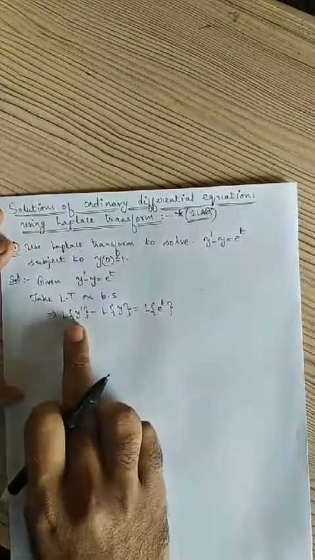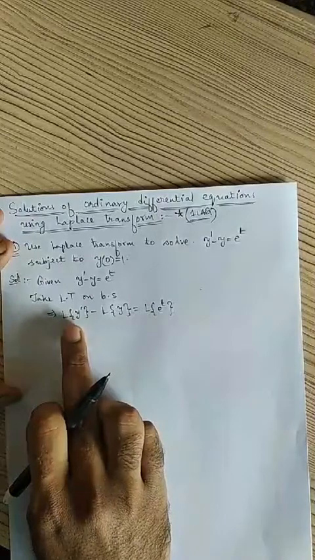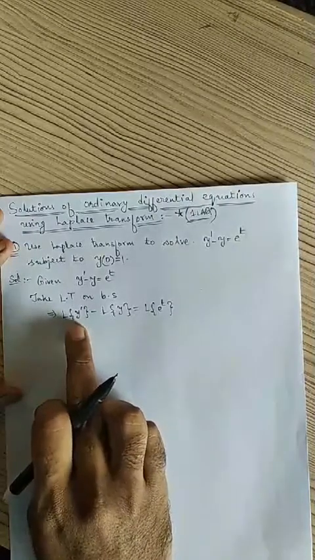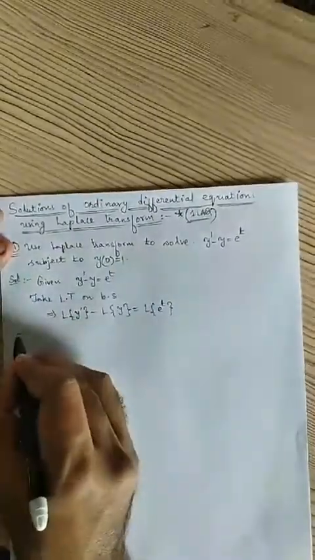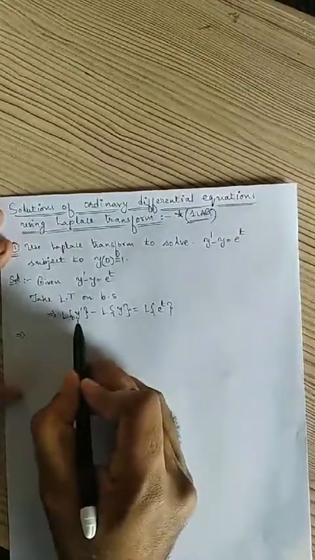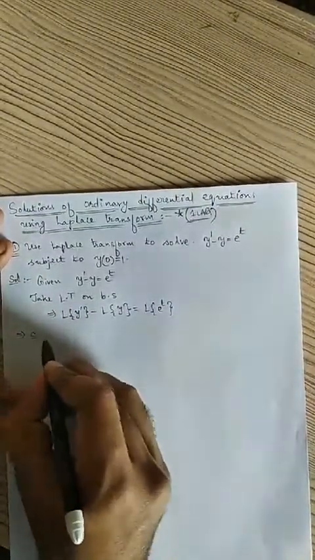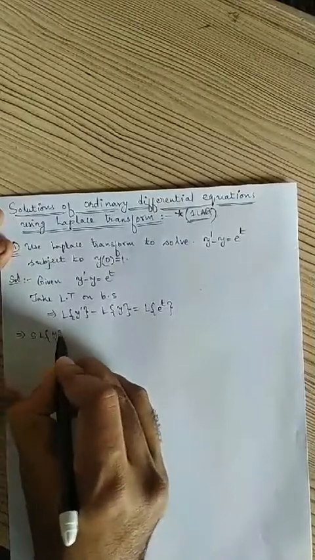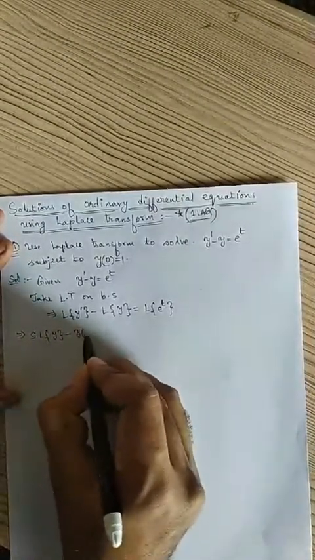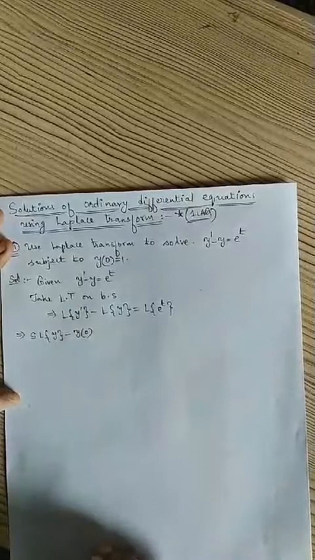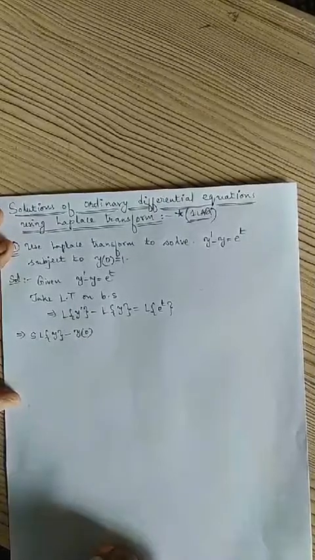Now what is the Laplace transform of y dash? We have the formula for Laplace transform of derivatives, which is s into Laplace transform of y minus y of 0. This we discussed in yesterday's class.